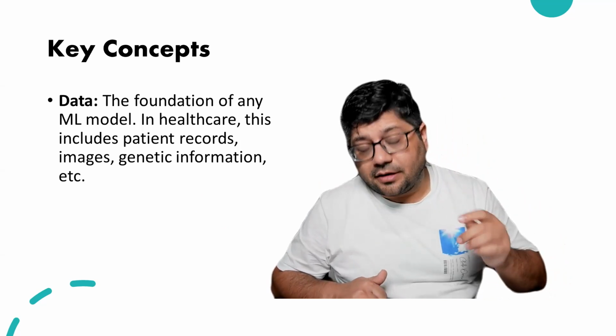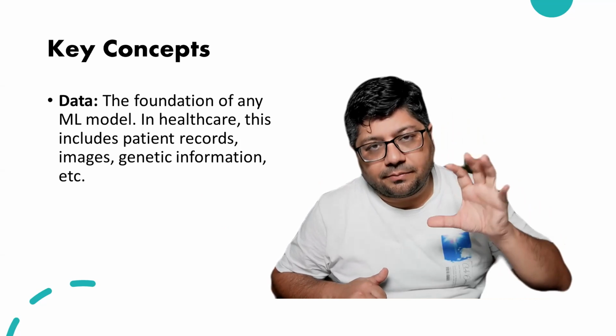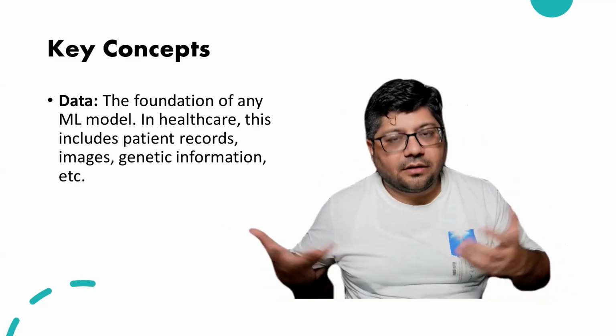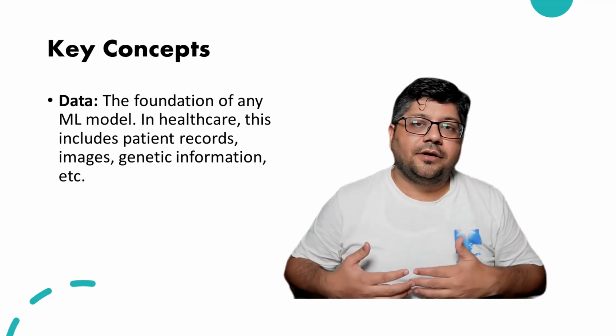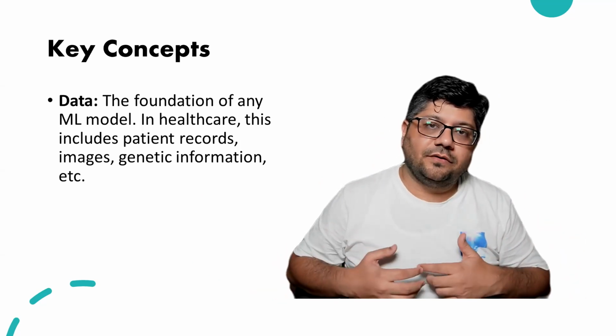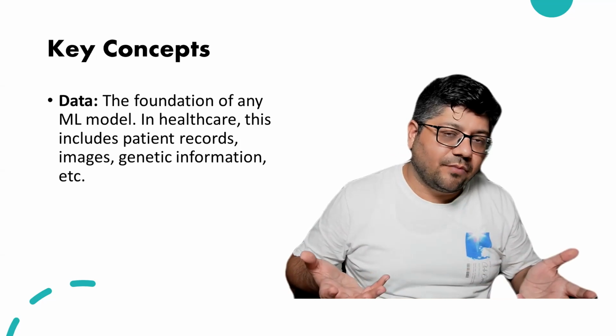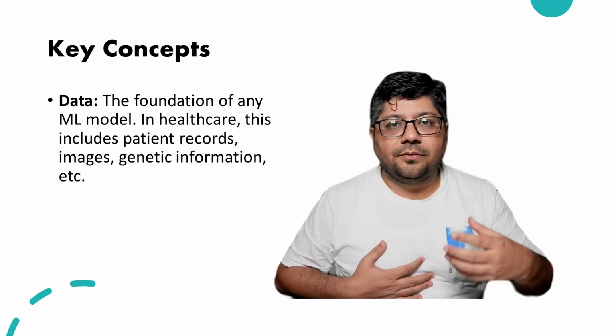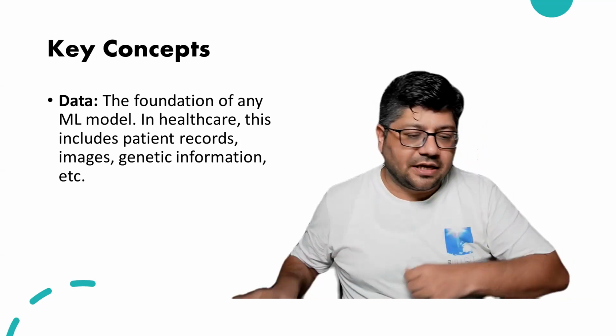If you have the right data, then you will be able to come up with a good machine learning model. But if your data is of low quality, then that will translate into different types of problems. For example, if your data has an inherent bias, then that bias will be translated into all the predictions which are made based on that data.